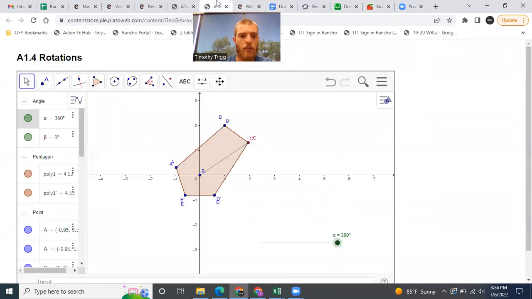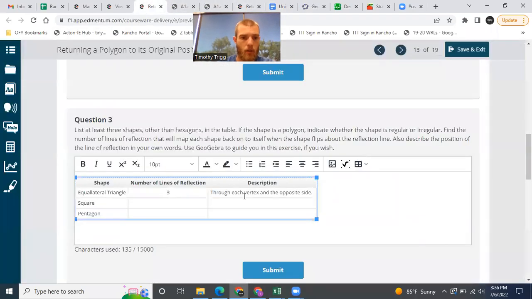Now, what do you think for a square? How many lines of symmetry or lines of reflection would a square have? What do you think? Well, 4, right?